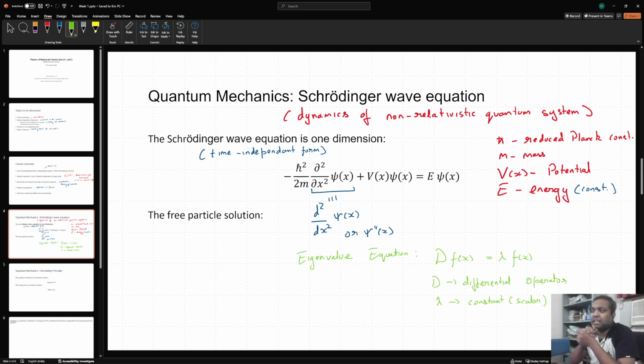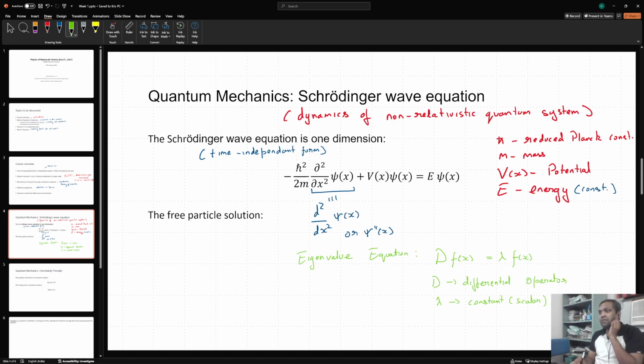The operator D can be a scalar differential operator. It may also be under conditions a vectorial differential operator. But ultimately on the other side, I get the same function f of x multiplied by a constant.